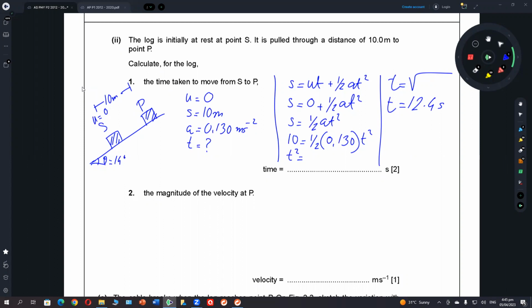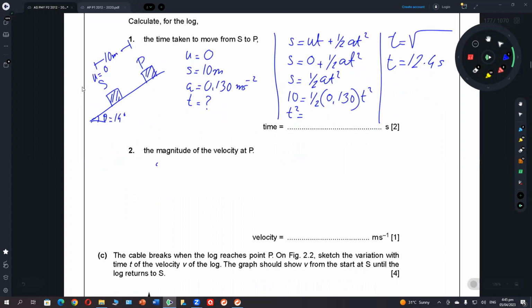The magnitude of the velocity at t, I think that would be easy now because now we can apply acceleration is 0.13.